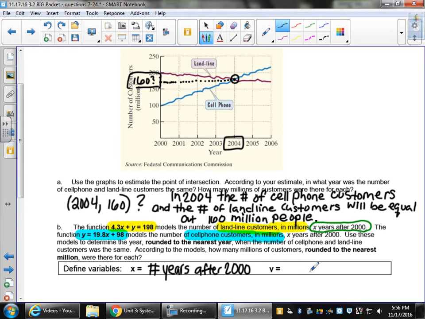So that's what y represents. That's the total. So put a number sign, number of customers. And I'm not going to specify landline or cell phone. I'm just going to say generally the number of customers. They both have y present. Here, y is customers, but specifically cell phone customers. In the yellow equation right here, y is customers, but it represents landline. So we'll just say number of customers in millions.